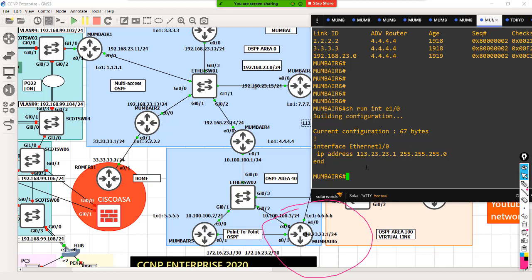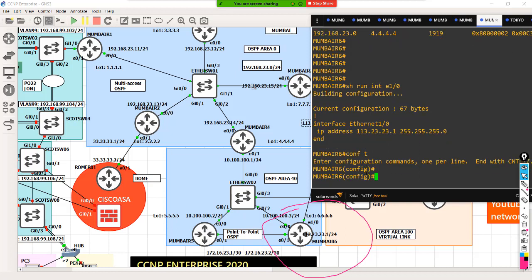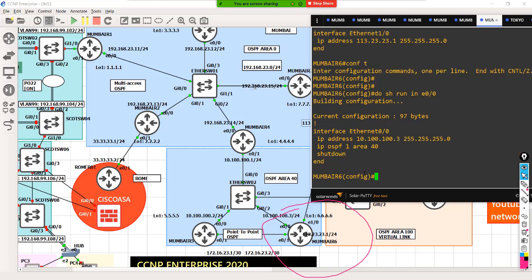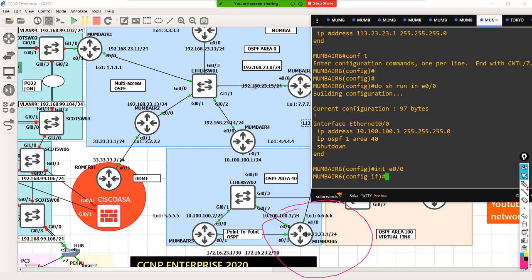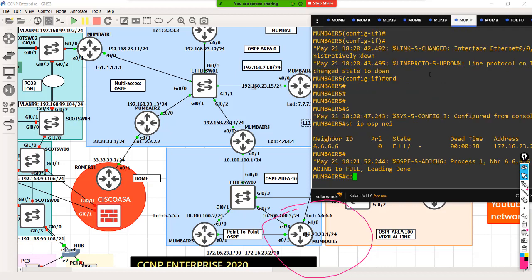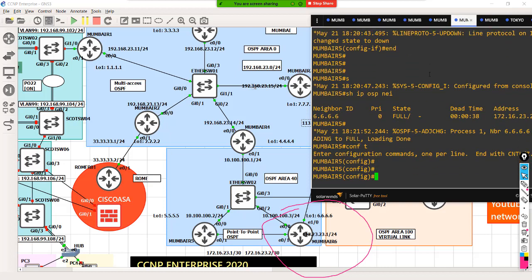Okay, and I think I have put down one of the interfaces here, that was 0/0. Yeah, so I'll just bring it up. No shutdown. There's one more over here, which I will take down so that I don't fall into any traps.